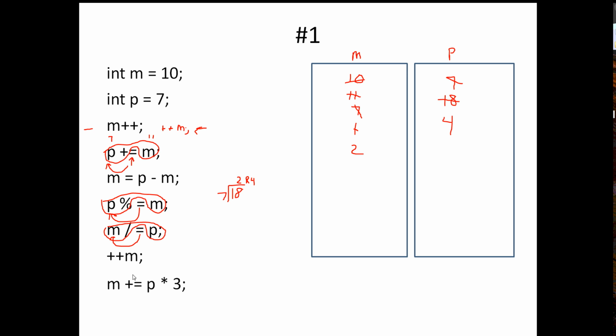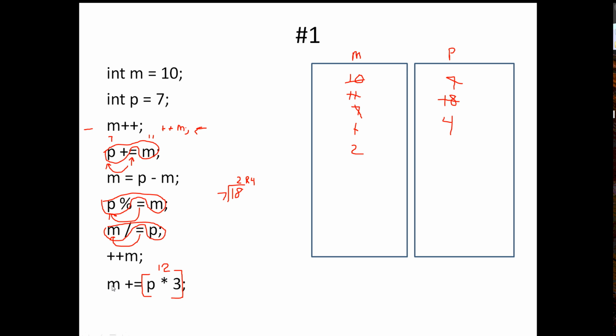And then we go to our last one. The key thing to remember here is when you have a calculation on the other side, we want to do that first. That is going to happen before you do any of this other stuff. And so P times 3 is 12, because the current value of P is 4.